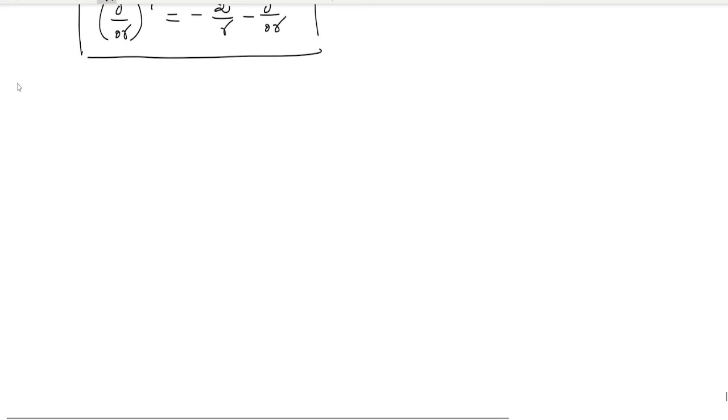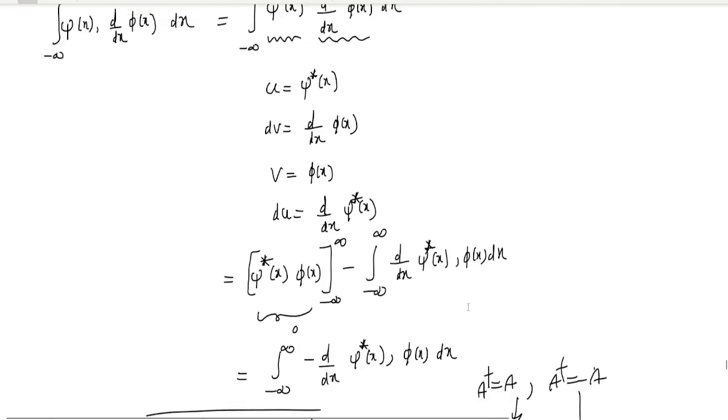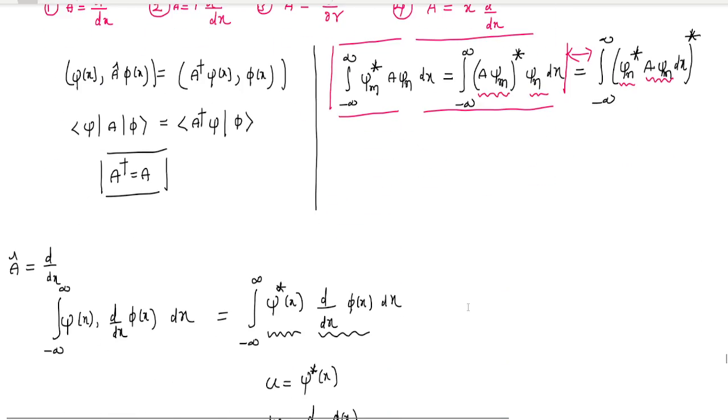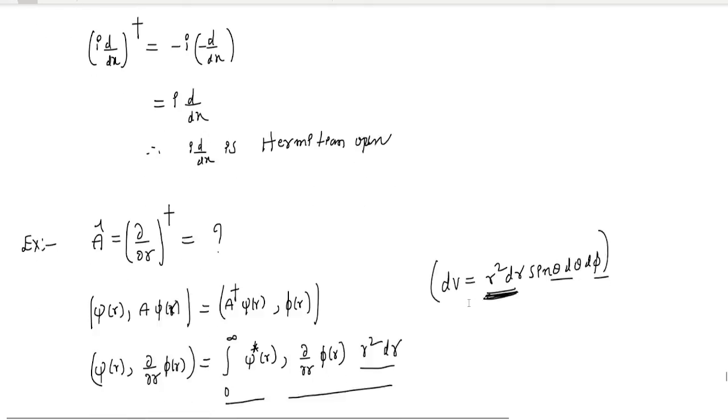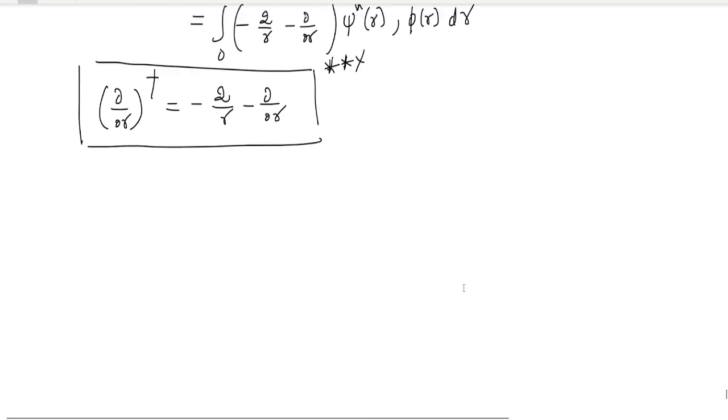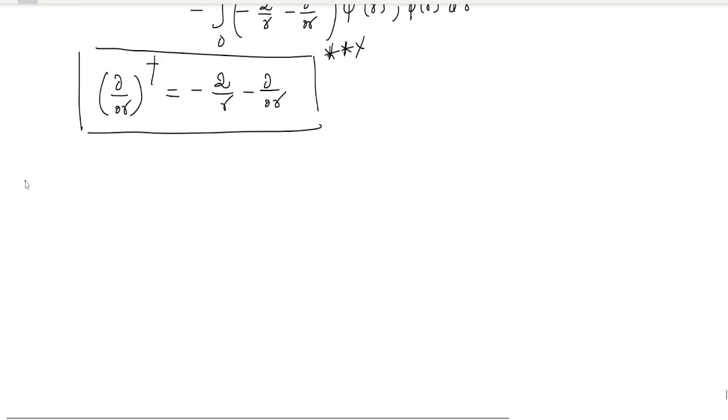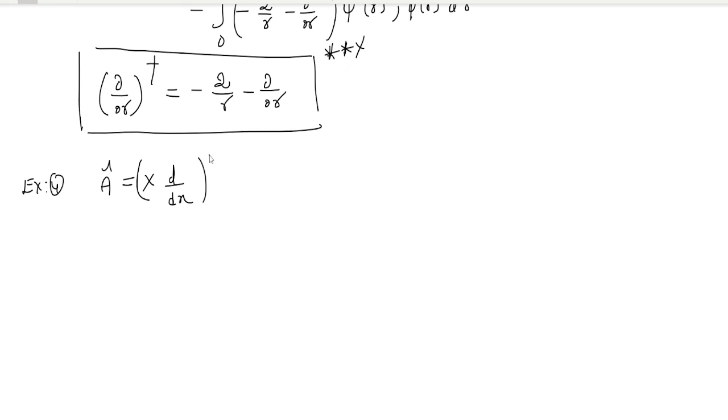The next example is x d/dx. x is position, right? Position is Hermitian, so we can easily apply. They are giving A equal to x d/dx. If you apply directly, the dagger changes the ket and the bra.